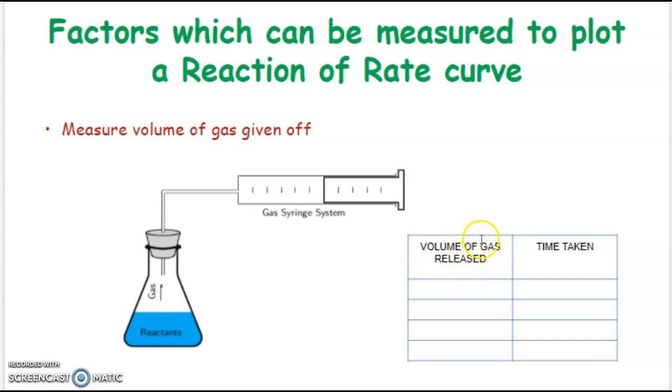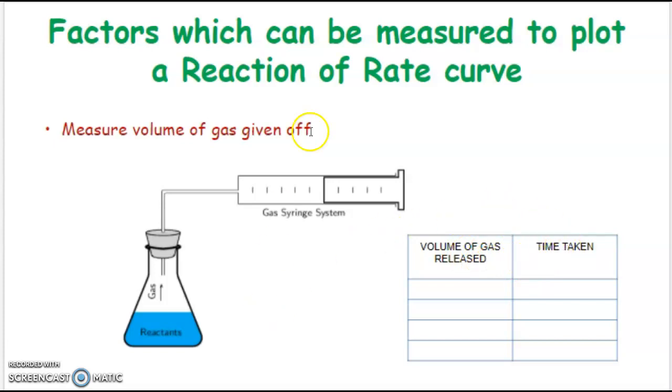We can afterwards use the data from the table in order to plot a curve, and what we'll be doing is plotting volume of gas released as would have been recorded in the syringe with the specific time, depending on what time interval you were using. Could have been every minute, or every 5 minutes, or every 10 seconds. But that information will be recorded in the table, and then we'd plot volume of gas released with time taken.